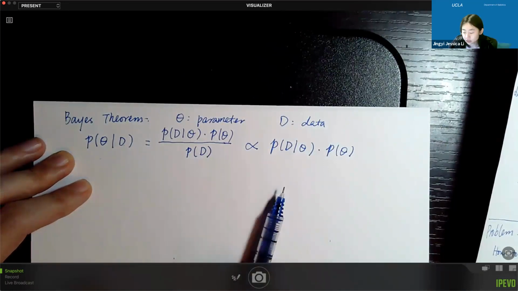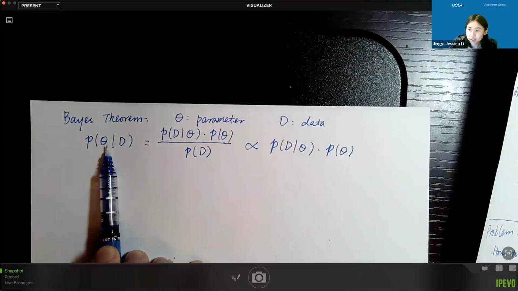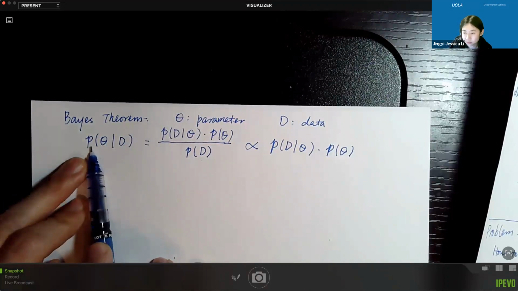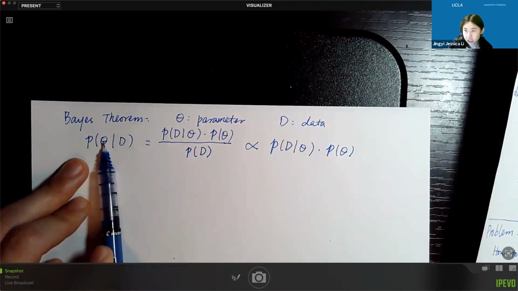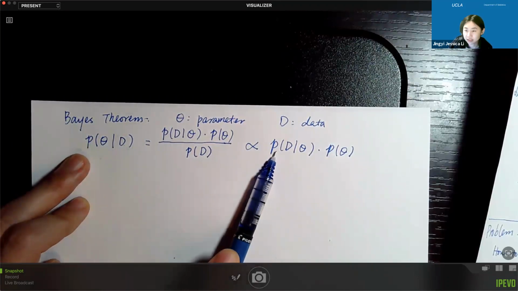Here it depends on whether we are talking about discrete random variables or continuous random variables, so there's a little difference there. For discrete random variables, we are talking about the probability mass function, such as the probability of a Bernoulli variable taking value 1, that's what we call p. But if theta is a continuous random variable, here the P means probability density.